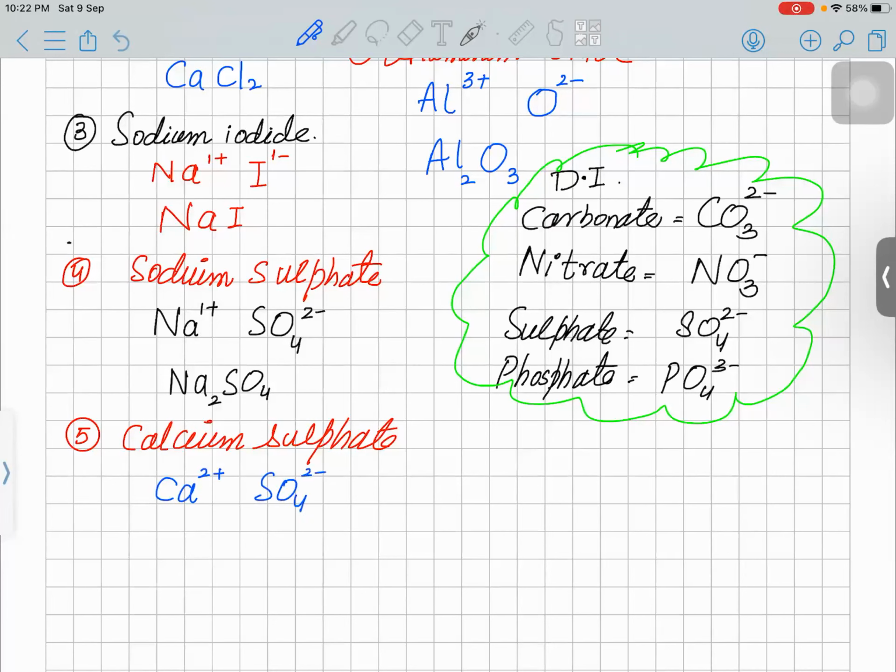Then we don't need to write anything. These two cancel out. So the net formula is CaSO4.